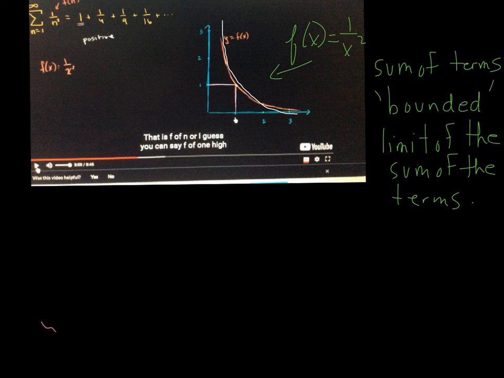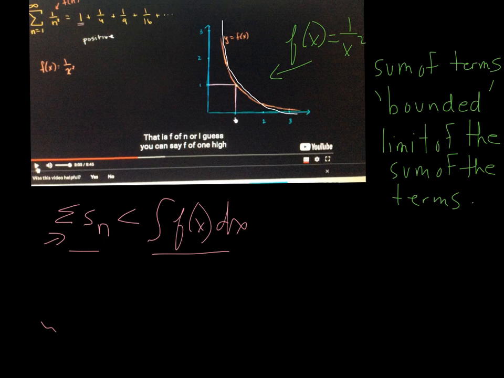It's that less than bit that they keep putting in there. All they're saying is that the sum of our terms is always going to be less than the integral of the function, because the integral is the exact area under the curve, whereas this is only a partial sum because we can always add on one more. So this one will always be a little bit smaller than this one.